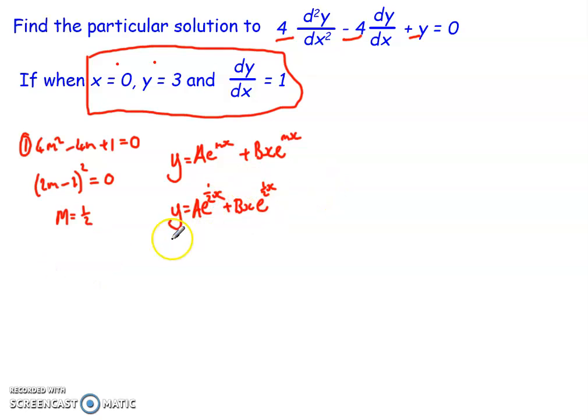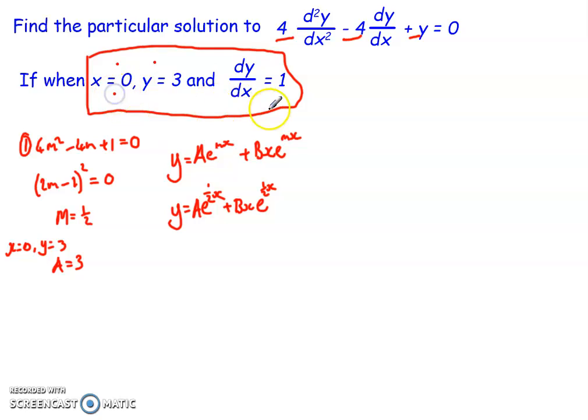If I substitute x is 0 and y is 3 into here, this term with the b will disappear because it's bx, so that is b times 0, which will go. This is then a e to the half x, so it's going to be a e to the 0, so that's just going to give me a, and I know y is 3, so a is equal to 3. That's the x is equal to 0, y is equal to 3 condition.